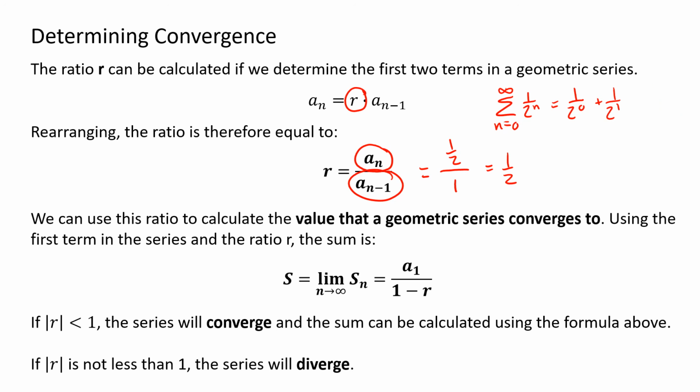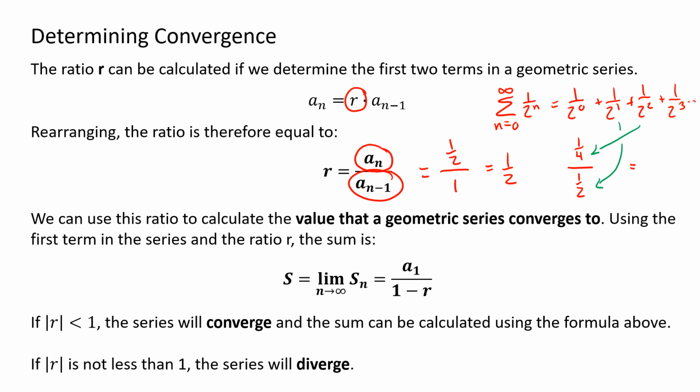So if I continued this out and I did 1 divided by 2 squared, 1 divided by 2 cubed, and it kept going on. If I look at the next two terms, we'd have 1 over 2 squared, which is 1/4, divided by the term before it, which was 1/2, okay? So taking these terms and placing them there.